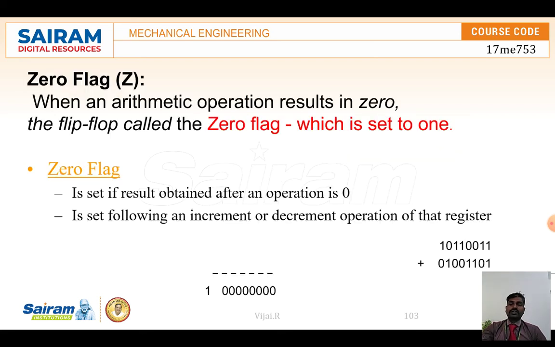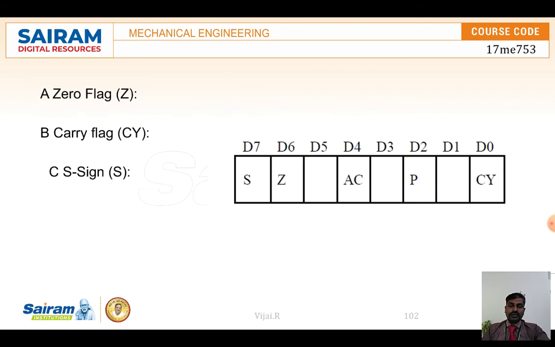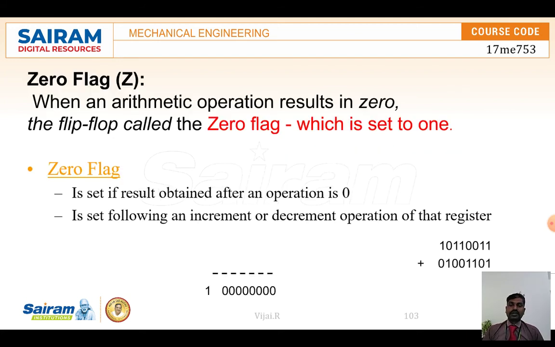The zero flag is set when the arithmetic operation results in zero. The zero flag is set if the result obtained after the operation is zero. Here is a problem: 10110011 is added with 01001101.